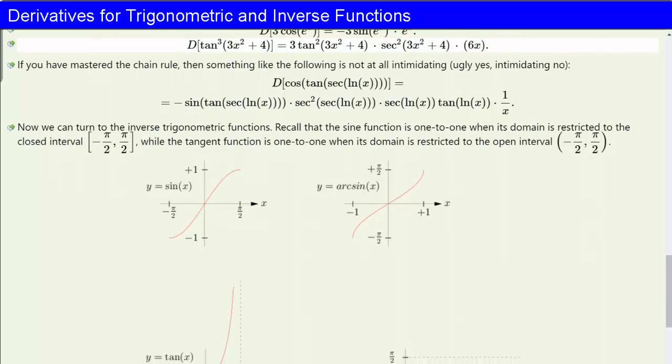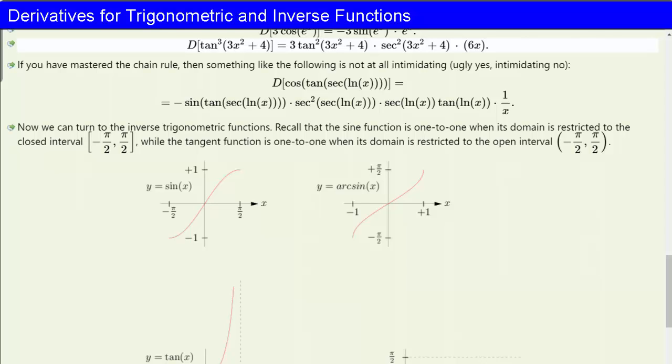Fifth example, the derivative of the tangent cubed of the polynomial 3x squared plus 4. Now this is a composition of 3 functions. The cubing function is the last function, the tangent function is the middle function, and the first function is the polynomial. So what you do is you differentiate the cubing function and you get 3 tan squared. And inside that tan squared, you don't change anything.